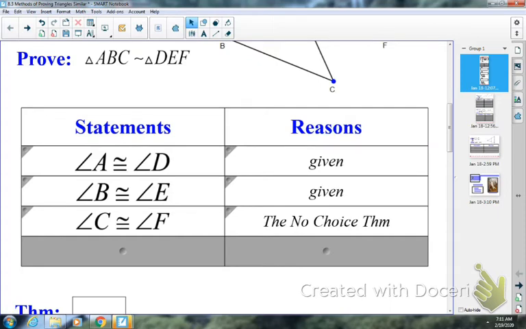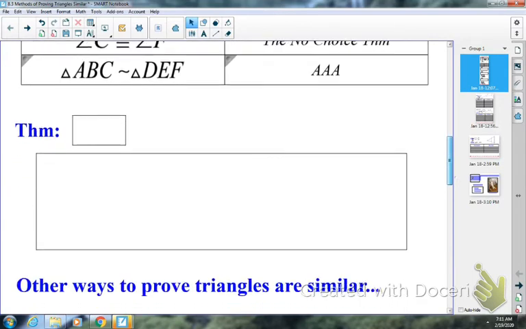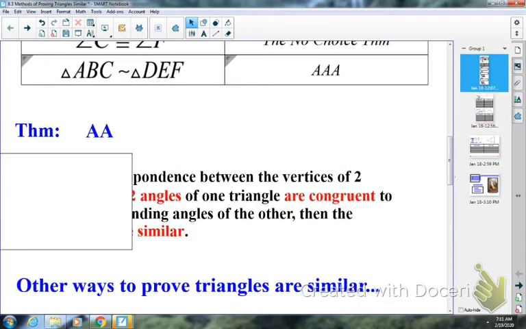So if I've got all three pairs of angles congruent, then I could state the triangles are similar by angle, angle, angle similarity. Okay? But actually, because if we know two, the third pair is automatic, we can shorten that a little bit to just doing angle, angle.